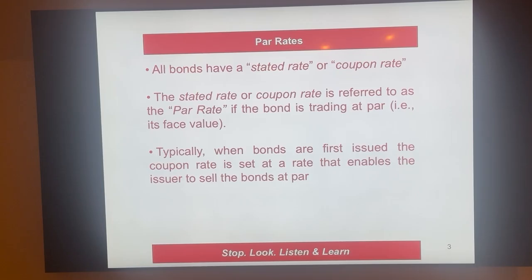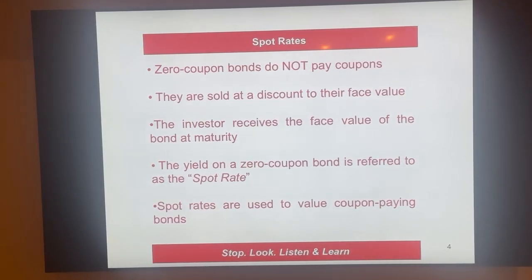And typically when bonds are first issued, the coupon rate or the stated rate is set at a rate that enables the issuer of the bonds to sell the bonds at par. So that's basically what the par rates are. Pretty simple and straightforward. So now let's look at spot rates.